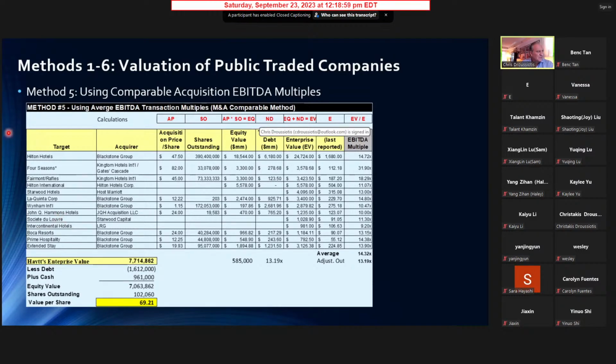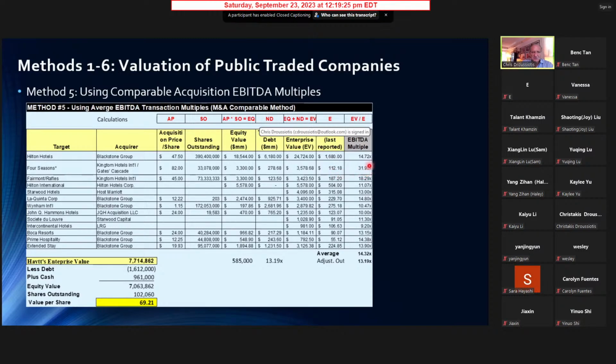For example, Hilton Hotels was bought by Blackstone at one point before it became public, and they paid about 14.7 times the EBITDA. Four Seasons was bought by the Saudi prince, and he paid 32 times EBITDA because he paid about 3.5 billion, and the company reported 112 million of EBITDA.